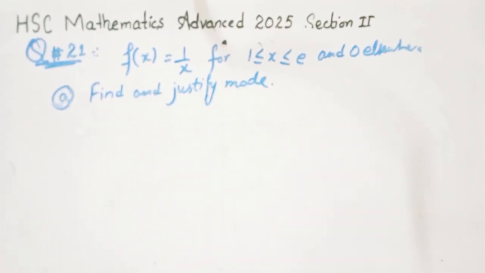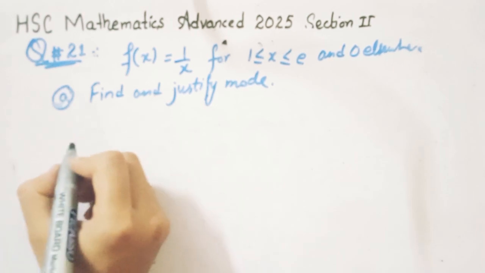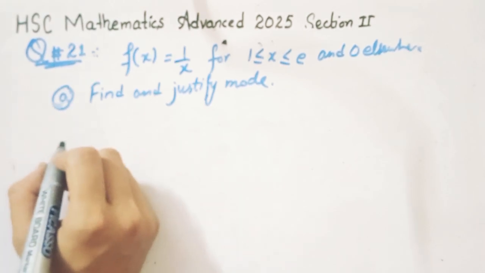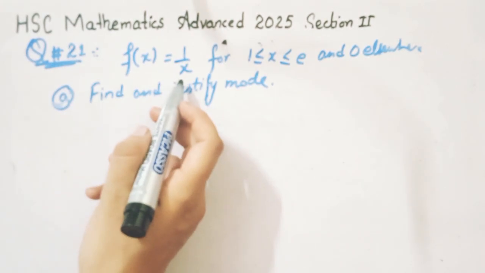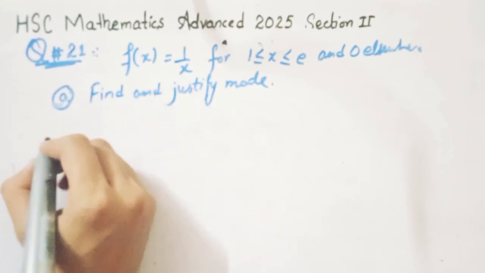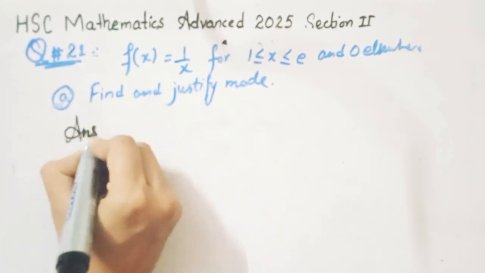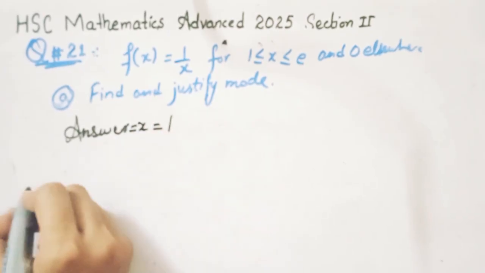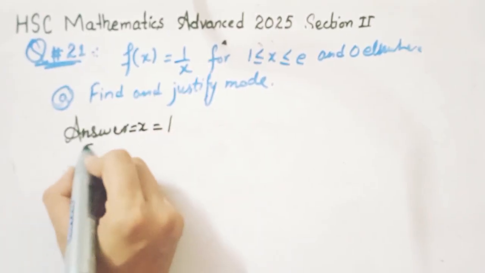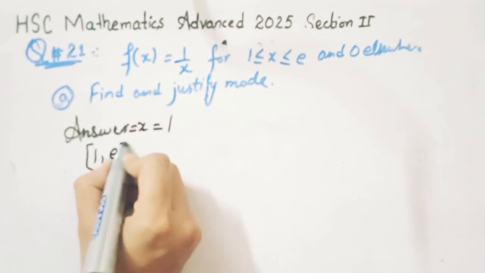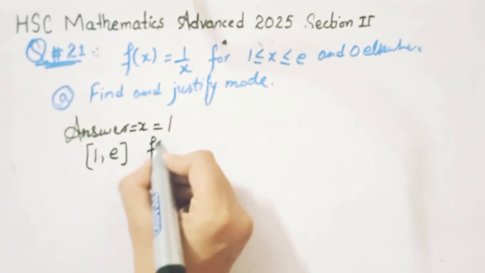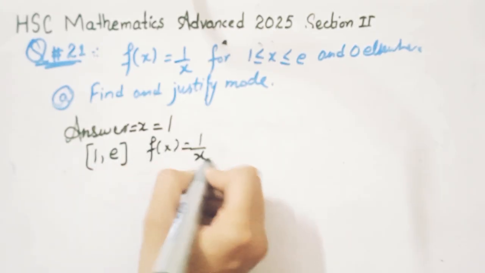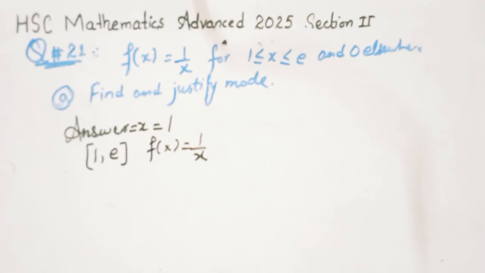So how will we start solving this? The mode will be at x equals 1. So the answer will be x equals 1. The justification is that on the interval 1 to e, the function f of x equals 1 by x is strictly decreasing.